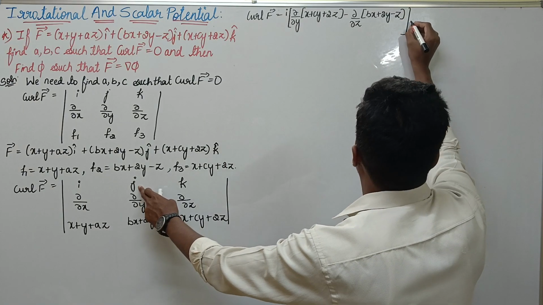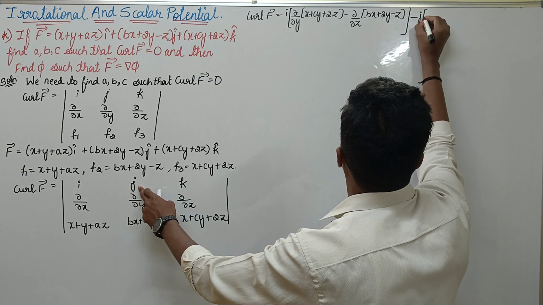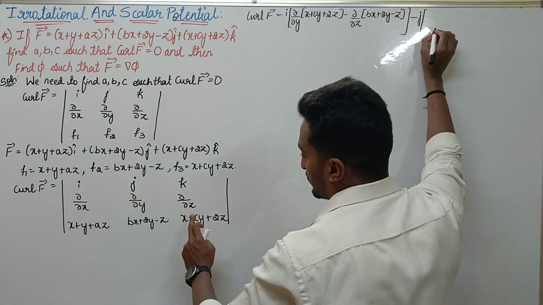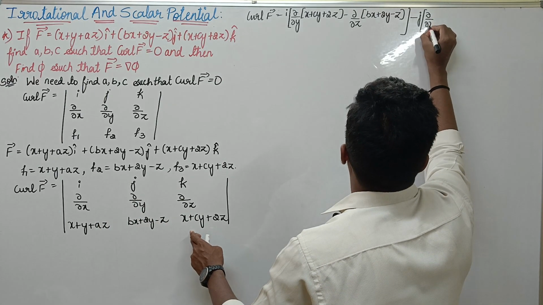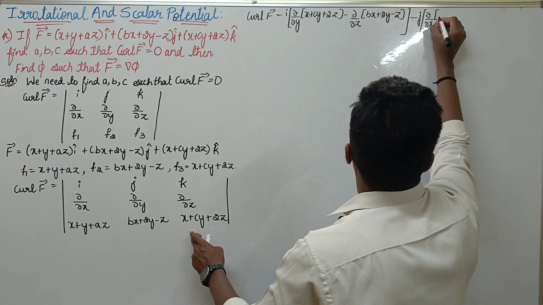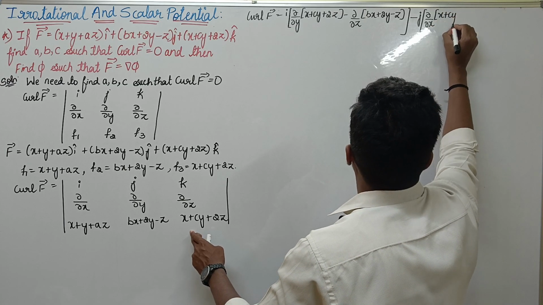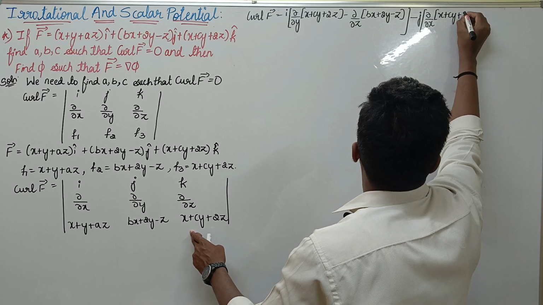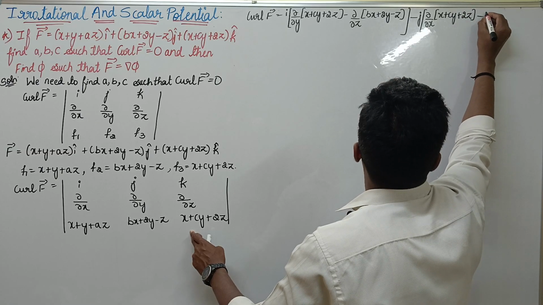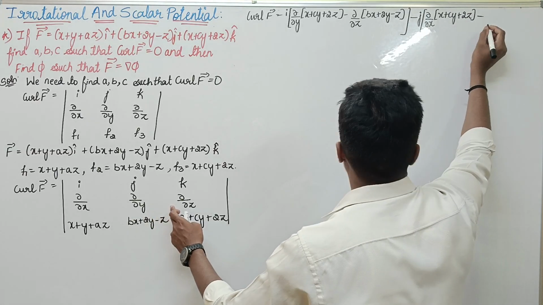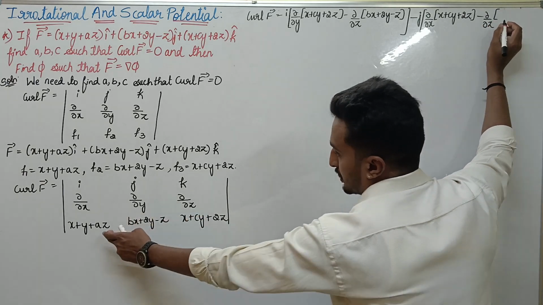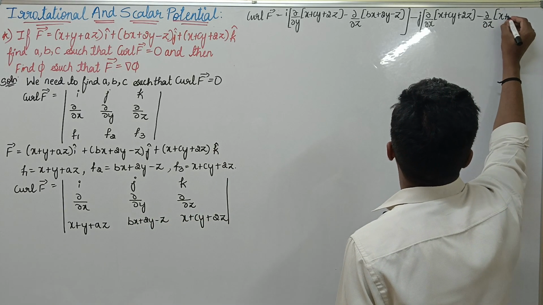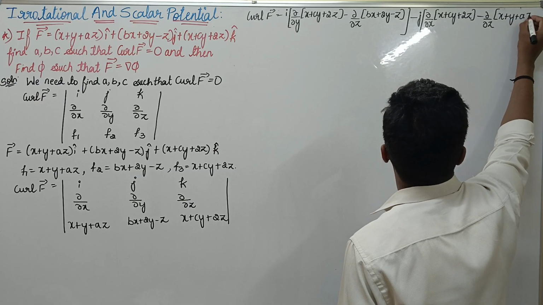Now minus j into del by del x of x plus cy plus 2z, minus del by del z of x plus y plus az.